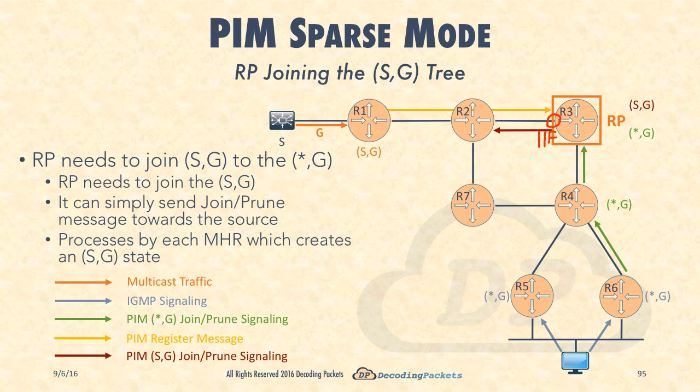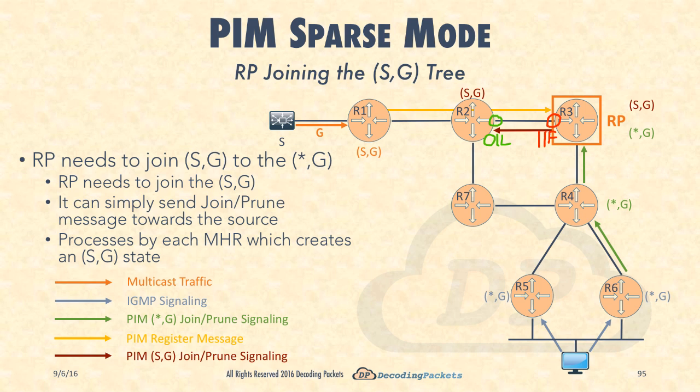And R2 is going to do two things. It's first going to create this S, G state because it didn't have this before, not in our network. And it is also going to take this interface where the message was received and add it to the OIL. This is added to the outgoing interface list. Now it's actually going to do an RPF check, just like R3 did.